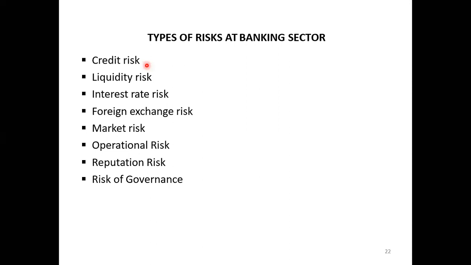Liquidity risk: the bank does not have enough liquid assets, cash or cash equivalents, to meet day-to-day operations. Interest rate risk: interest rates fluctuate over time, going up or down, and due to this fluctuation the value of assets will be impacted.